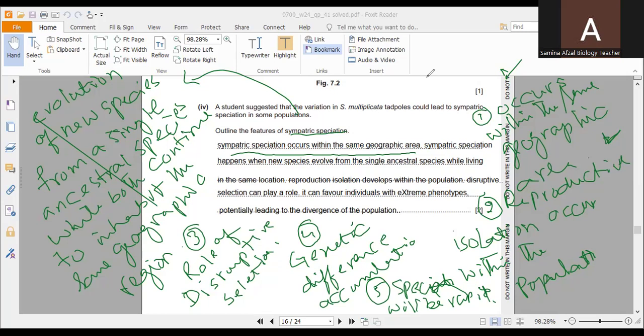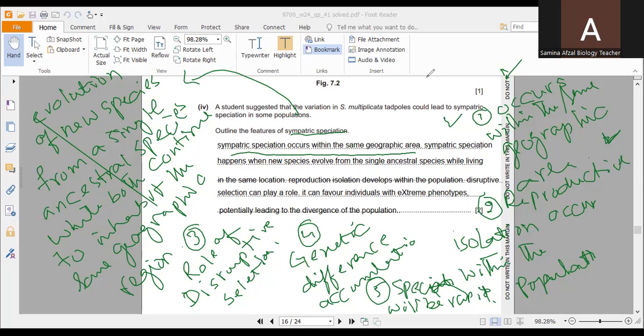So in this way, sympatric speciation has different features from allopatric speciation. Again, new populations arise, new species arise, within the same geographical area, due to different factors, for example reproductive isolation.